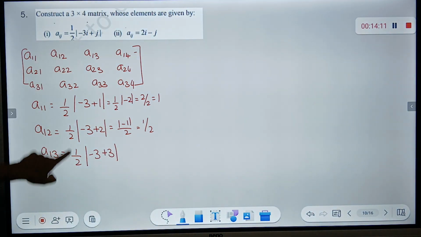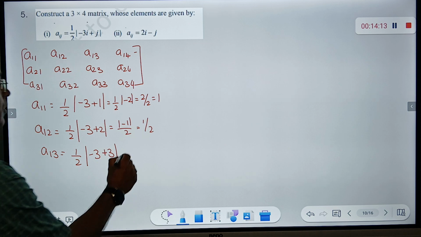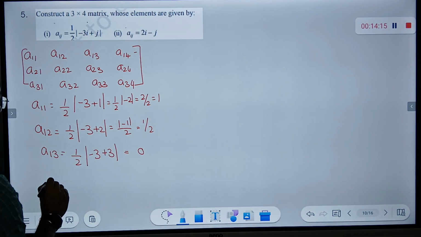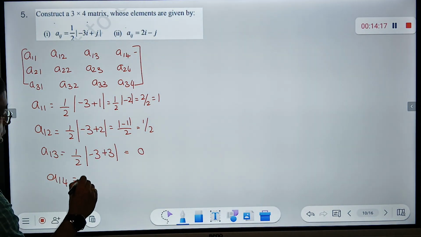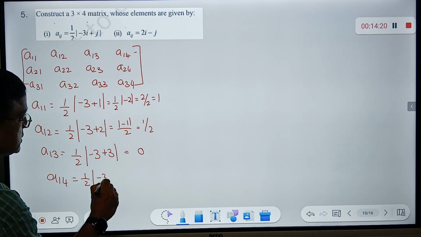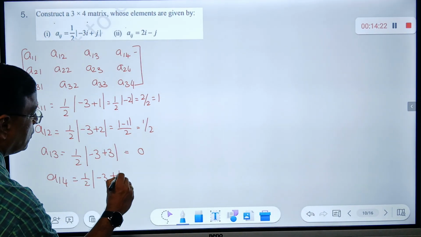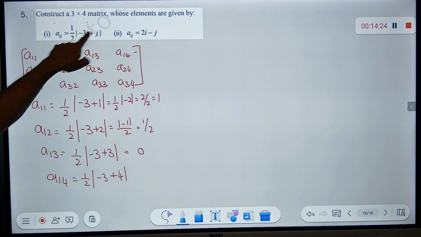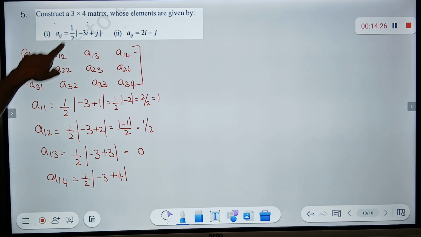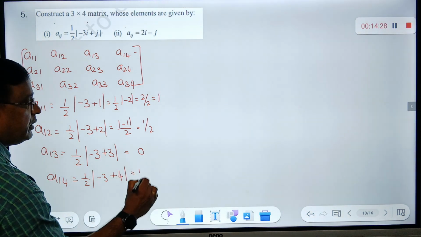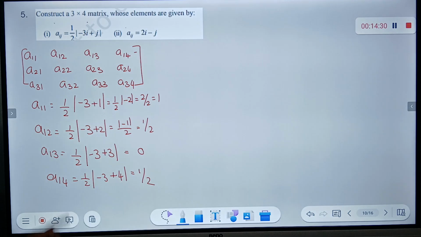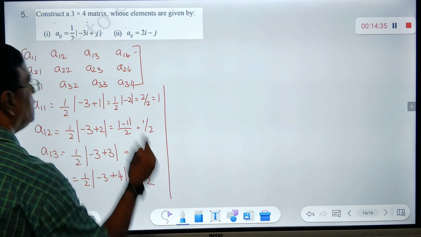I is 1, J is 3. So obviously it is 0. What is A14? Half of minus 3 plus 4. Because J is 4. I is 1. So I get 1 by 2. Minus 3 plus 4 is 1. Modulus of 1 is 1. So it is 1 by 2. So I have completed the first row.